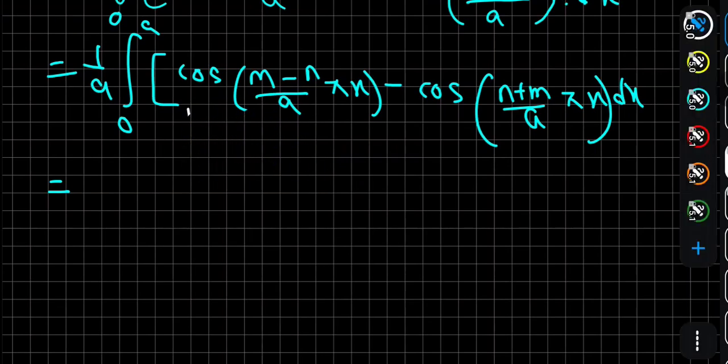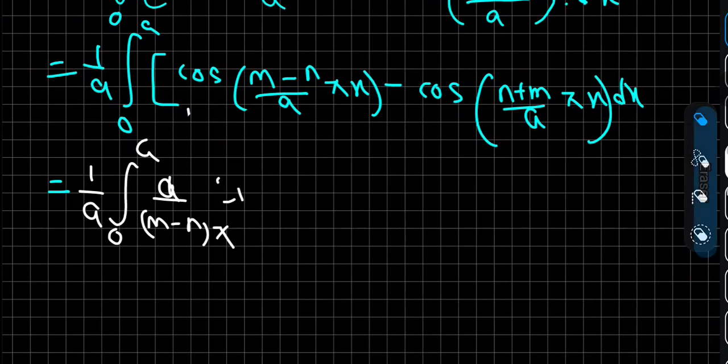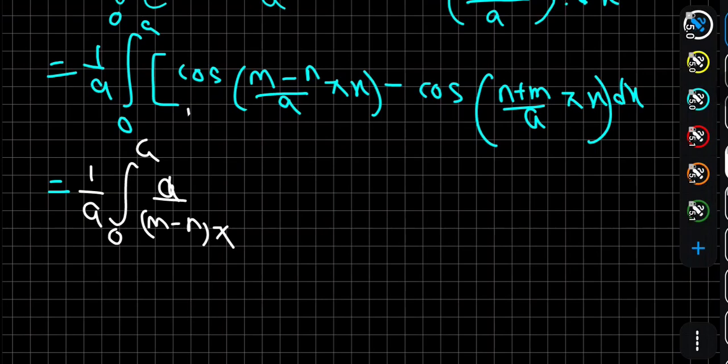Anyone can do this particular from the method of substitution. Okay, so this is the integral from 0 to a, and if you evaluate this integral, you will get 1 by (m minus n) pi, and a here, but a and a will eventually cancel out, but I'm writing this. Okay, and here of course will be, after integral, sine of (m minus n) by a, pi x.